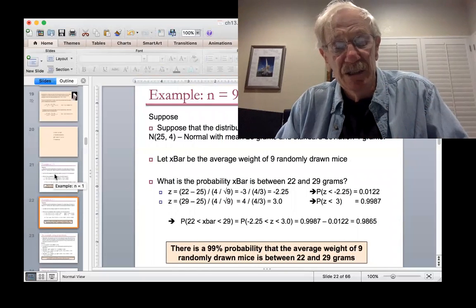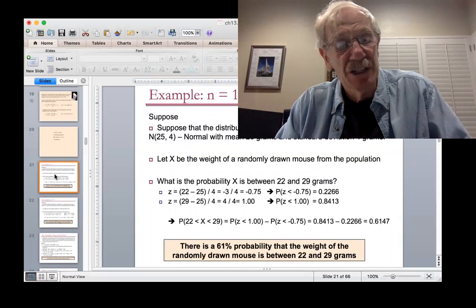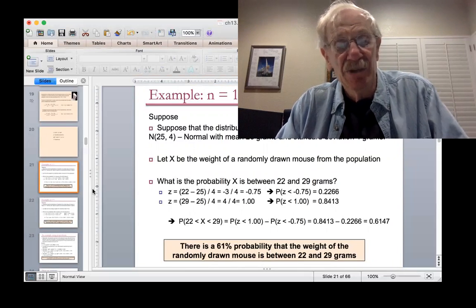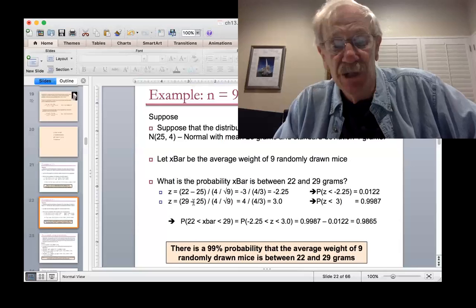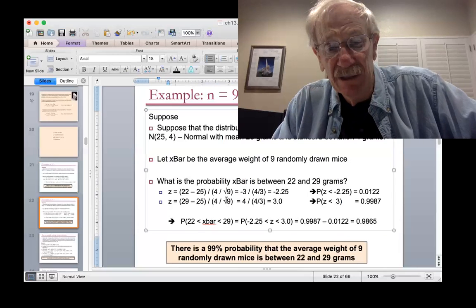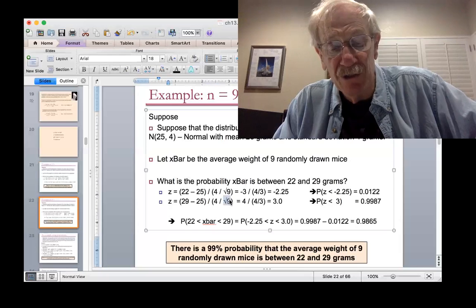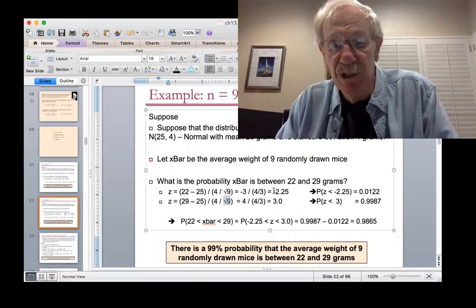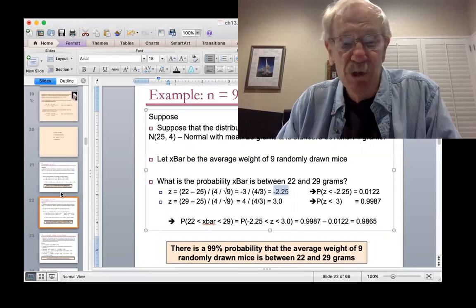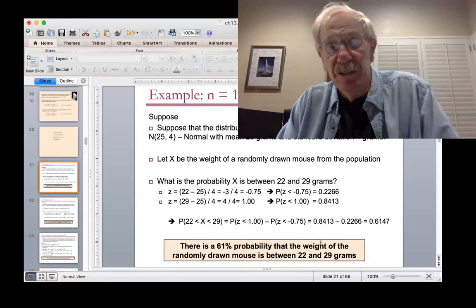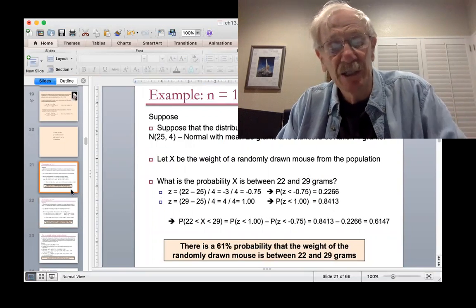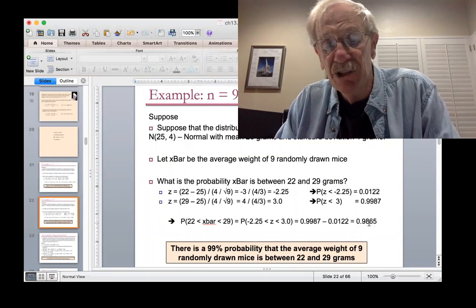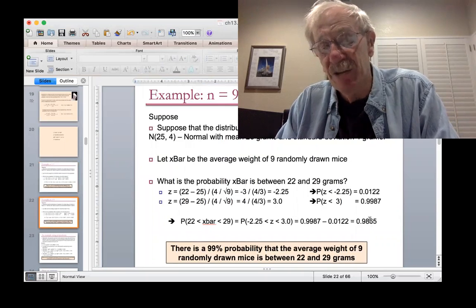the arithmetic, the process, is exactly the same. The difference is between n equal 1 and n equal 9. So here you have the square root of 9 for this particular answer, and that's going to change your z-score number from the previous one. So when n is 1, there's a 61% chance the weight's between 22 and 29. When n is 9, there's a 99% chance that the average weight is between 22 and 29.